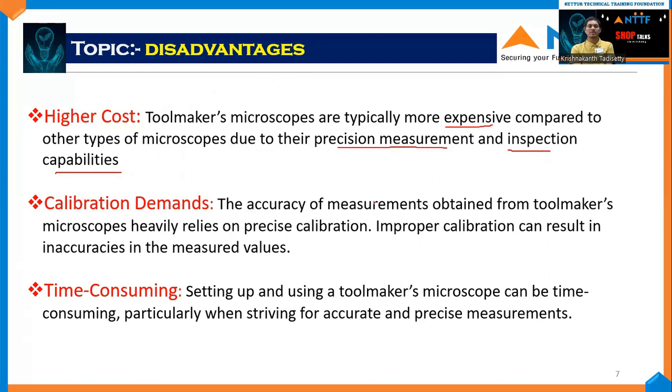The accuracy of measurements obtained from tool makers microscopes heavily relies on precise calibration. Improper calibration can result in inaccuracies in the measured values. Time consuming. Setting up and using a tool makers microscope can be time consuming, particularly when striving for accurate and precise measurements.